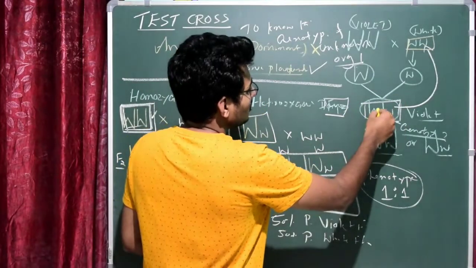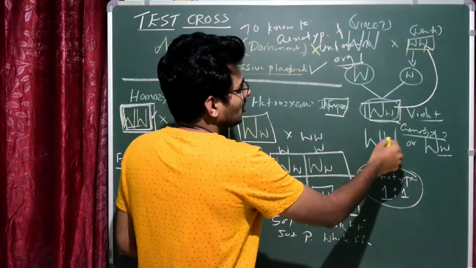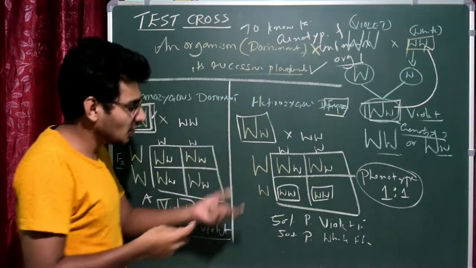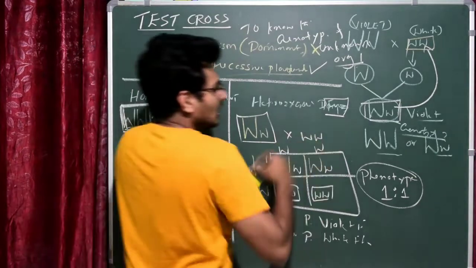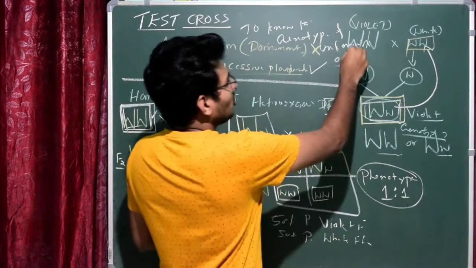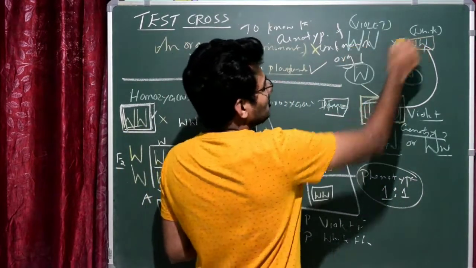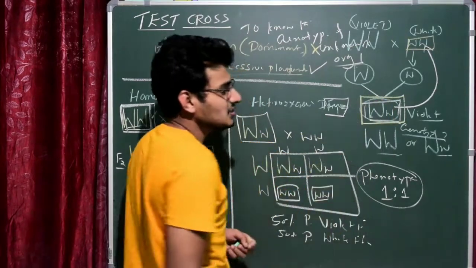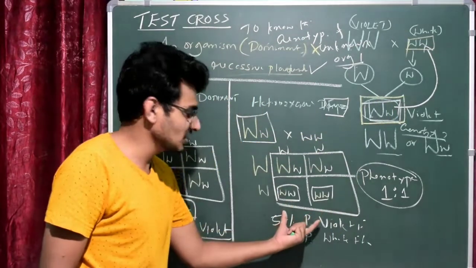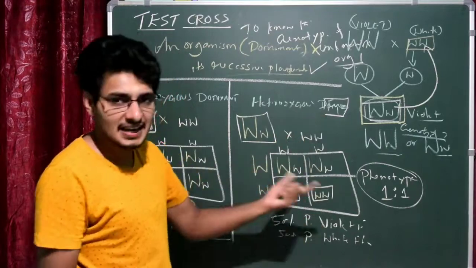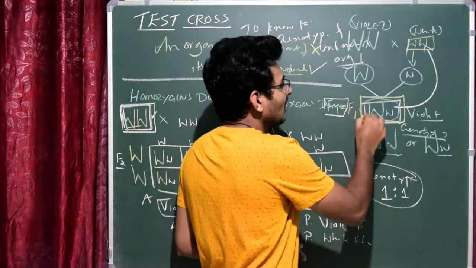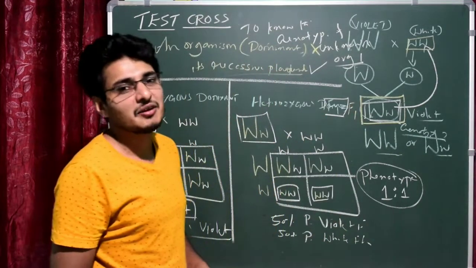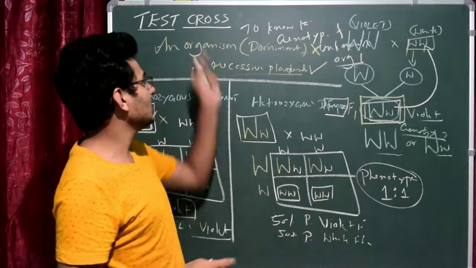It could be capital W small w, or capital W capital W. We did not know, but now we came to know that yes, due to the monohybrid cross between homozygous violet and homozygous white, we got heterozygous violet. Correct? So you could see here. We can say that now, yes, F1 plants are heterozygous violet flowered plants. Correct? That's it. So that is the test cross.